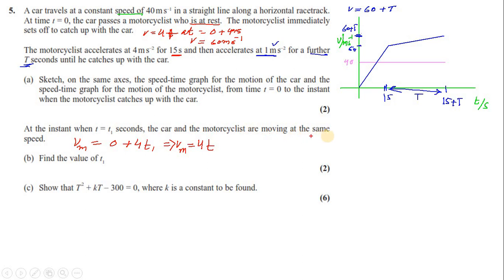They are moving with the same speed, so 4t1 would be equal to 40, because the car is moving with constant velocity. So t1 would be equal to 40 divided by 4, 10 seconds.